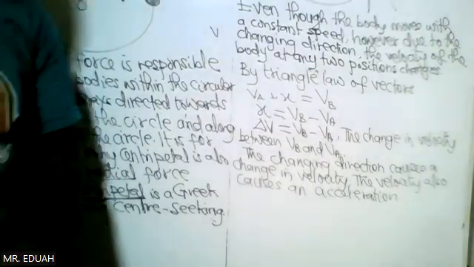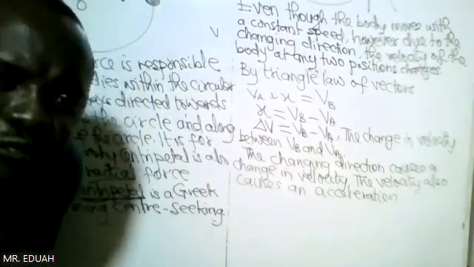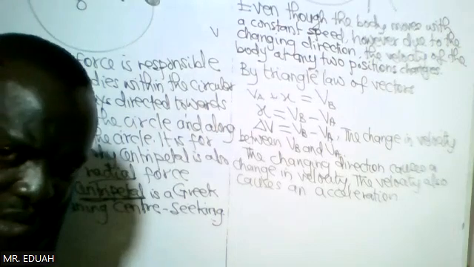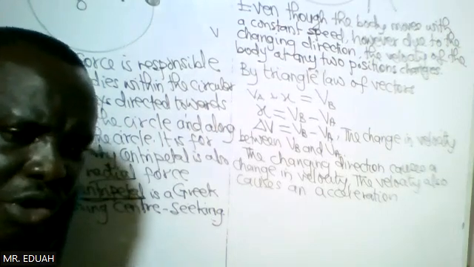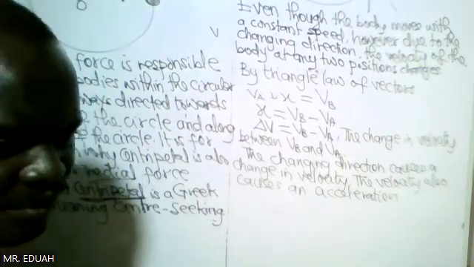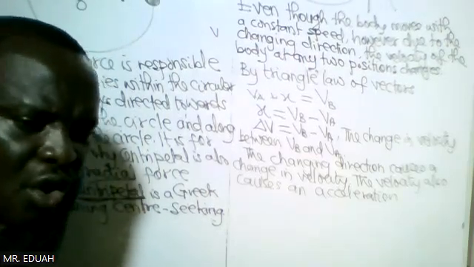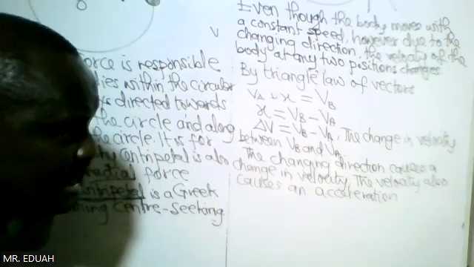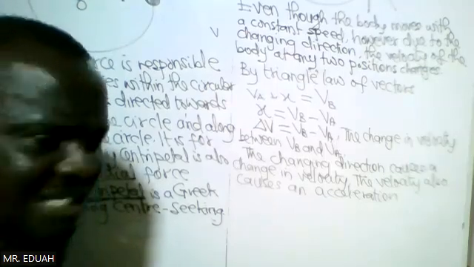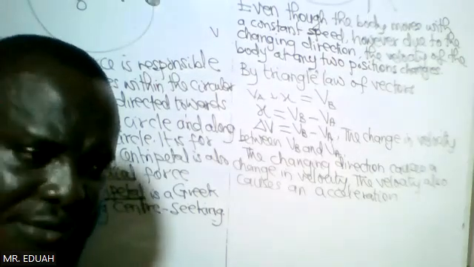So this is the build-up: the body is initially moving at a uniform speed, but due to the changing direction, the velocity at any two points also changes. The different velocities at any two points bring about a change in velocity, delta V, and once there's a change in velocity, there will certainly be acceleration.